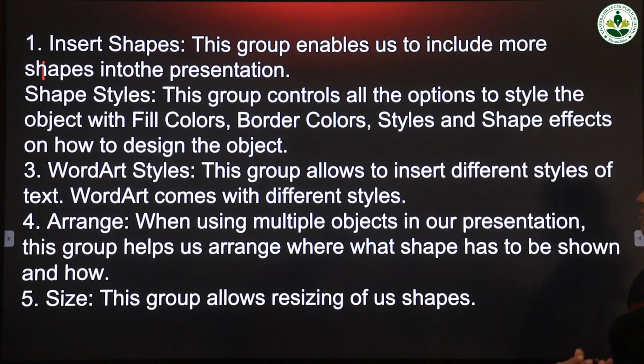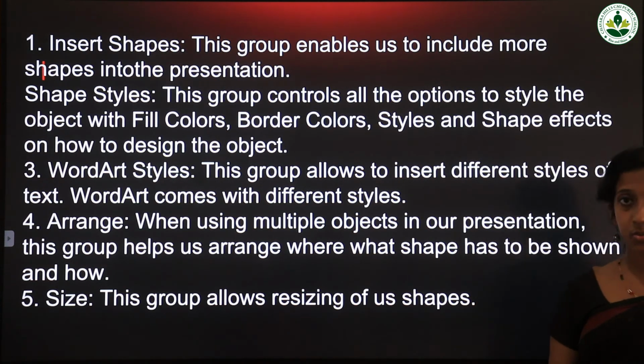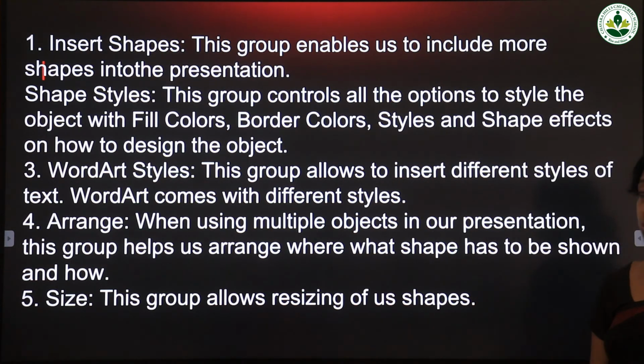This group controls all the options to style the object, with fill color, border color, styles, and shape effects. So in Shape Styles, you can choose different options to fill colors and border colors, and you can also change the style and shape of the object.